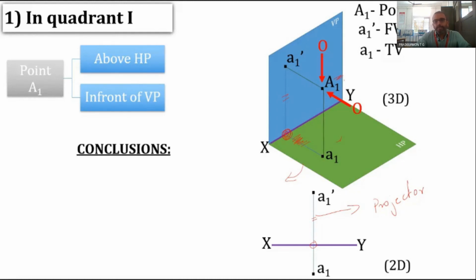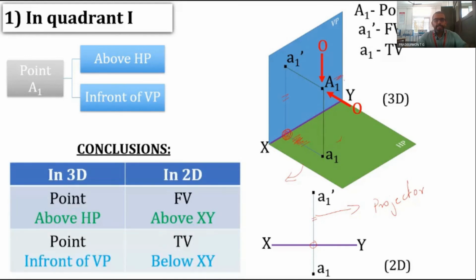Now from this we can conclude that in 3D, if the point is above the HP, like A1, the front view is above the XY line, and if the point is in front of VP, the top view is below the XY line. So this can be concluded. And the other conclusion, which is not written here, is that the distance between A1 dash, the front view, and the XY line should be equal to the distance of the point from HP.